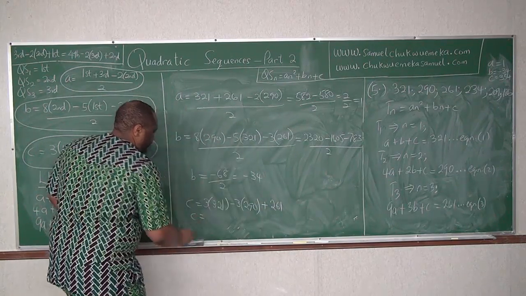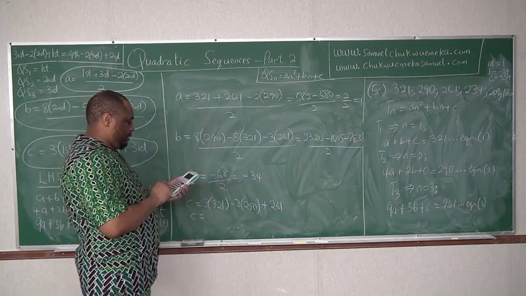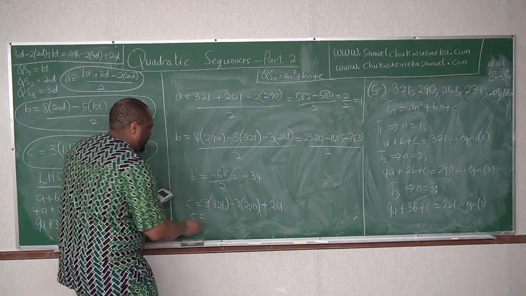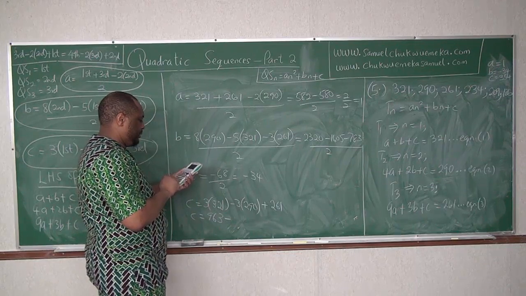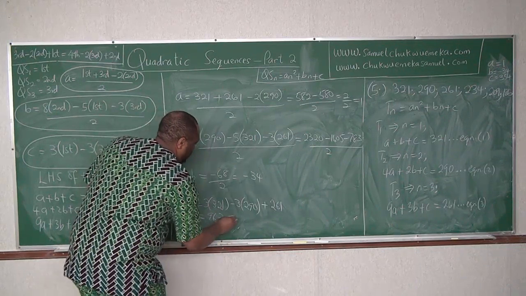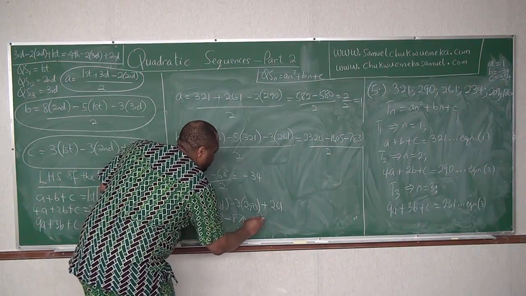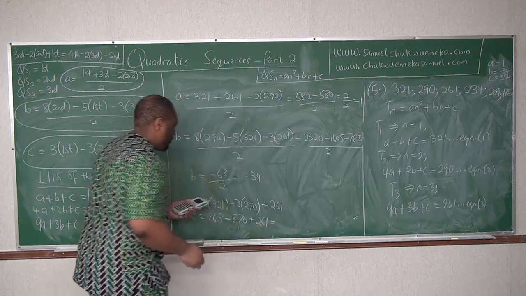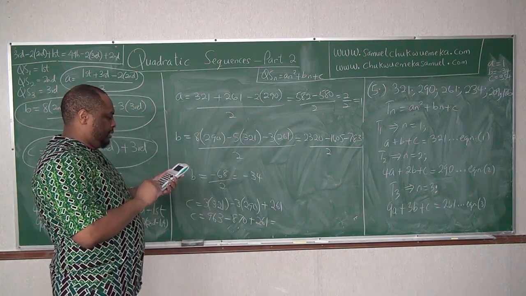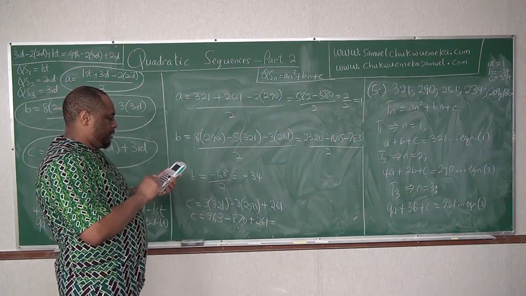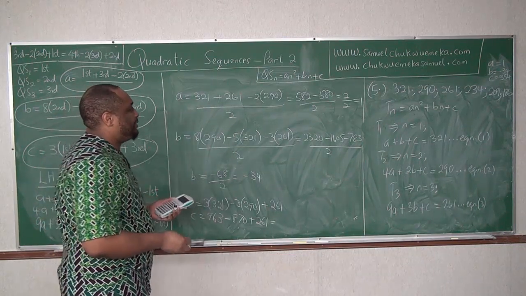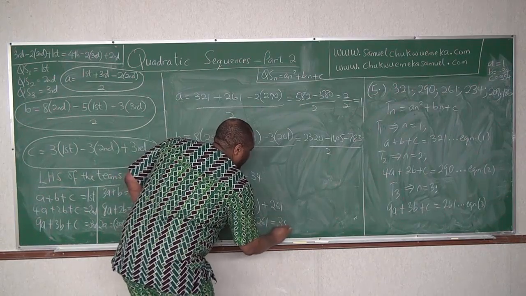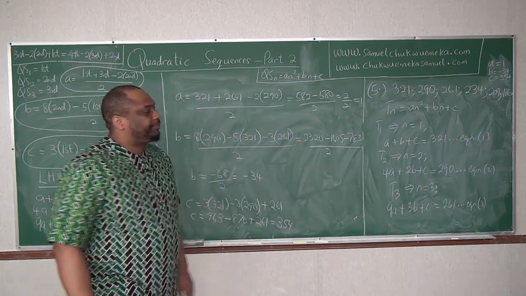So c will give us 963 minus 870 plus 261. That gives us 354. Okay, good.